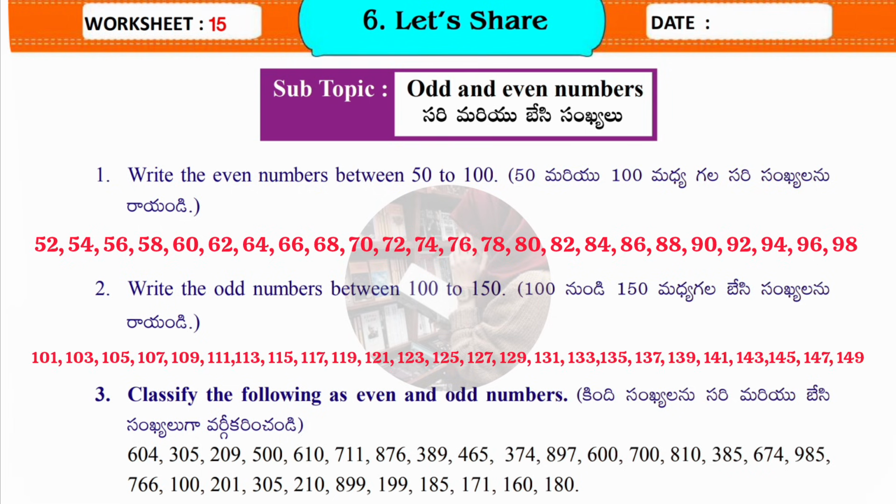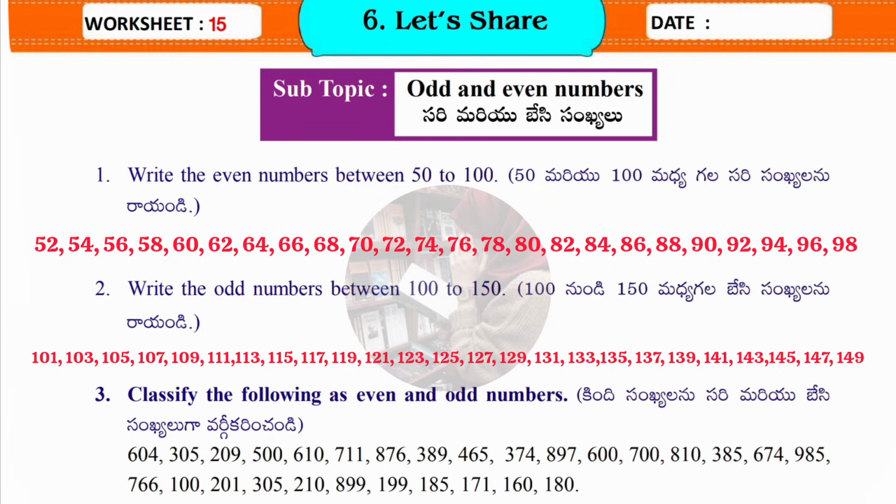Let's write it down. So 101, 103, 105, 107, 109, 111, 113, 115, 117, 119, 121, 123, 125, 127, 129, 131, 133, 135, 137, 139, 141, 143, 145, 147 and 149.